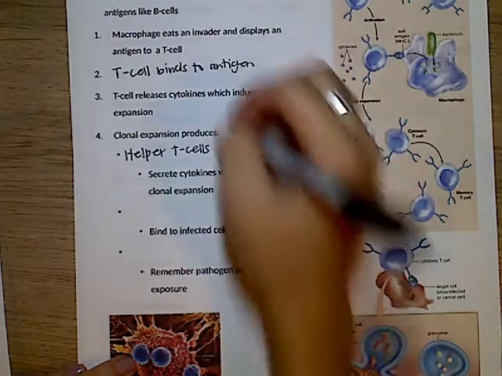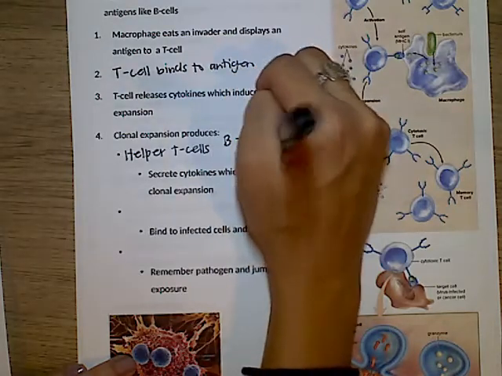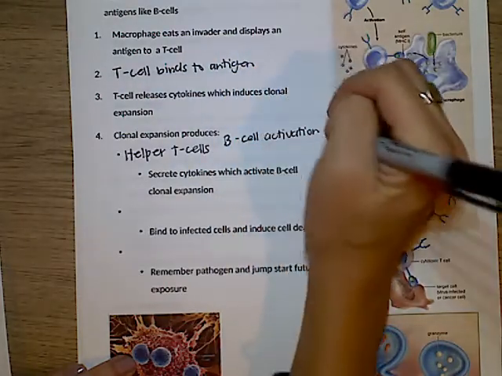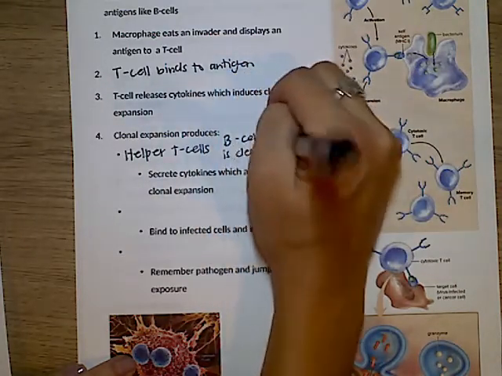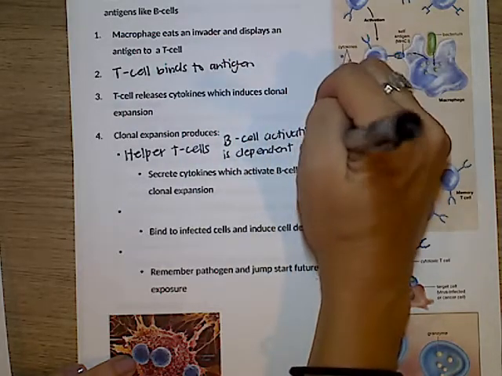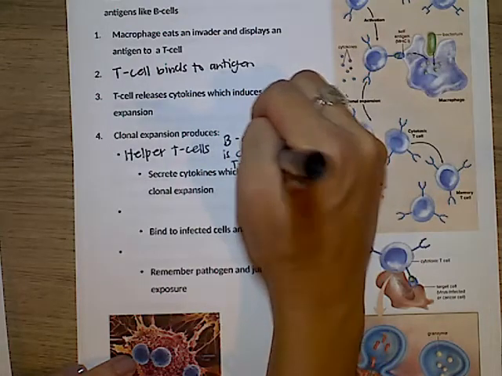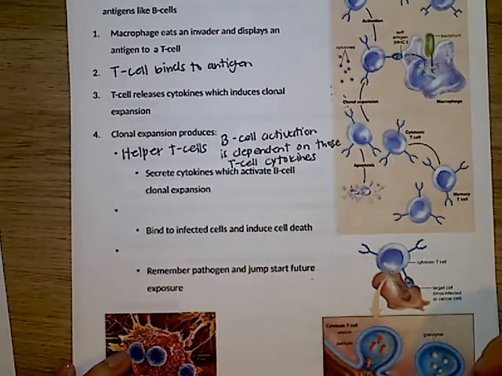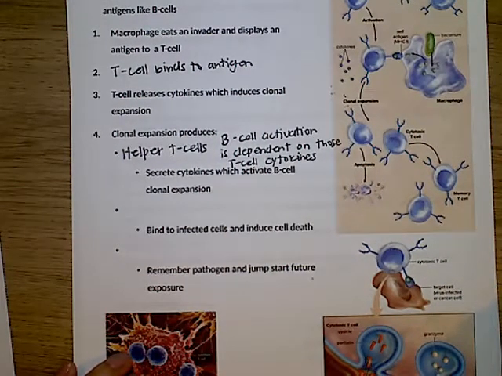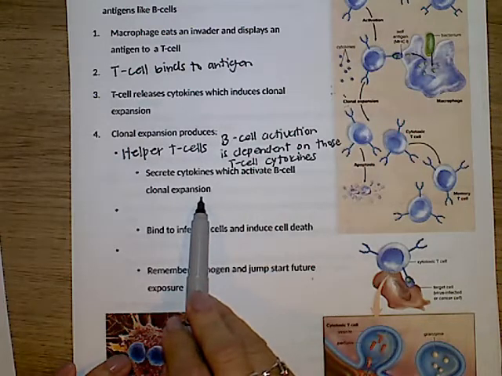And then back to that flow chart, and we'll come back to that. B cell activation is dependent on those T cell cytokines. So this is going to activate B cell clonal expansion like we saw before.